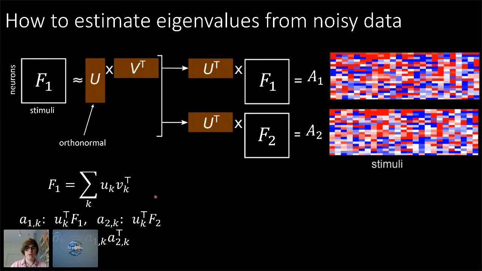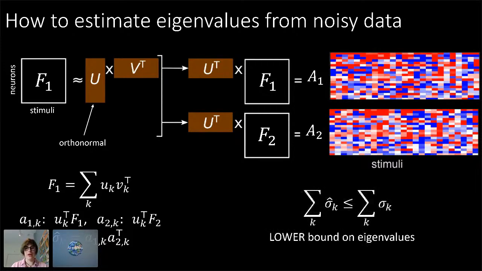And so we have this estimation procedure, and in fact, what we show in the paper is that this is always going to be a lower bound on the sum of the eigenvalues that you have. This is because the U that we find is based on just 1 repeat. So the U's that we find are going to have some noise in them that we can't get rid of because we've taken the U's on noisy data.